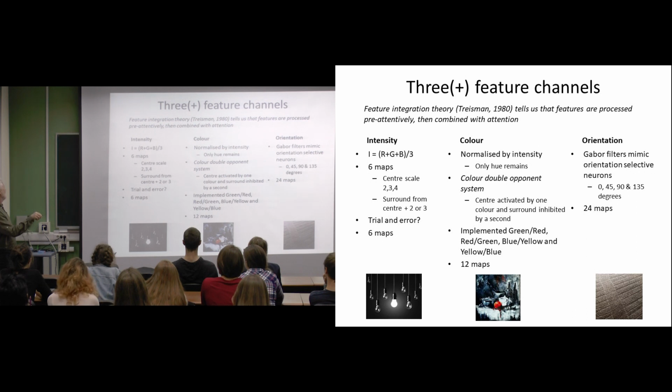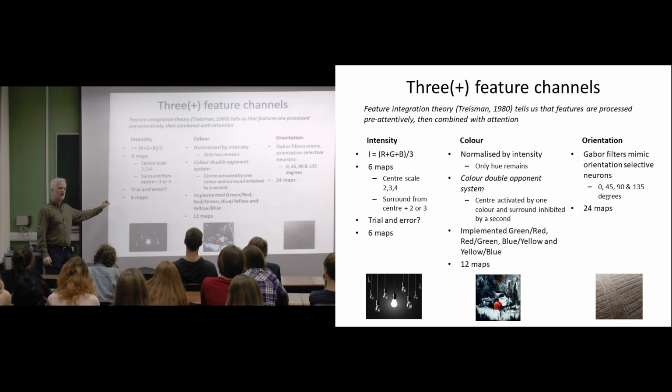Intensity is easy. We grab the RGB values, we make 6 different maps based on 6 different combinations of those center and surround. This allows us to focus on very small center surround luminance areas, or larger areas for the higher levels of that pyramid.